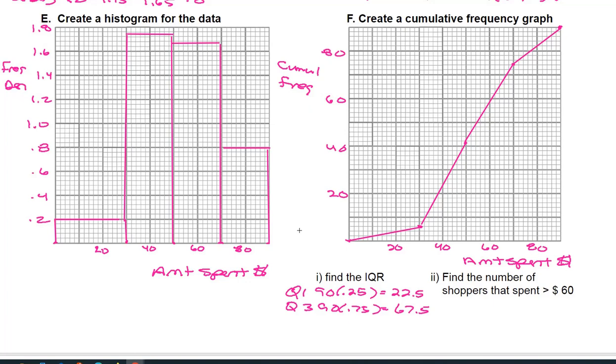Now keep in mind, this is roughly the place of the data. And the numbers along the y-axis are the numbers of data. They're the frequency, how often they happened. So I'm going to go to 22.5. So here is 22, and this is 0.5. And so then I'm going to go across and down.